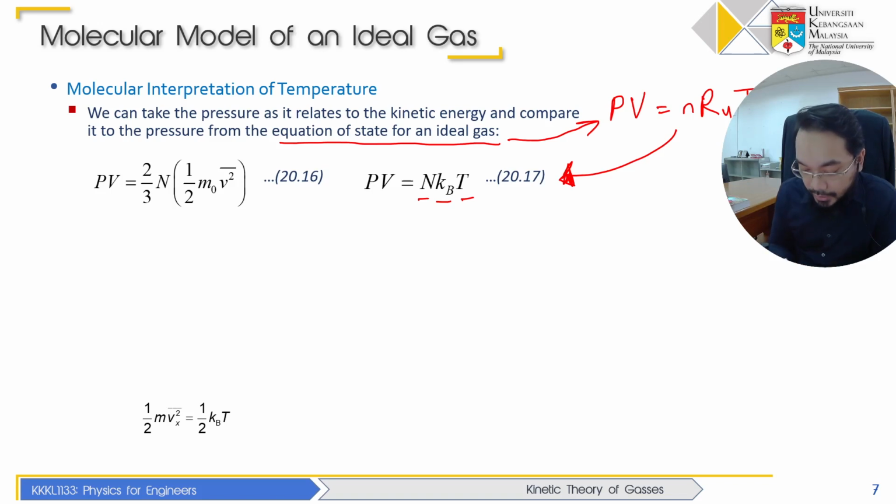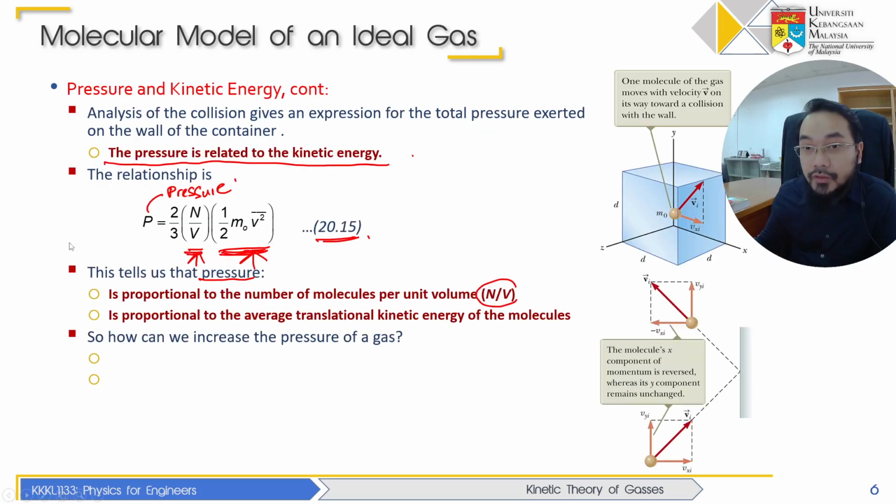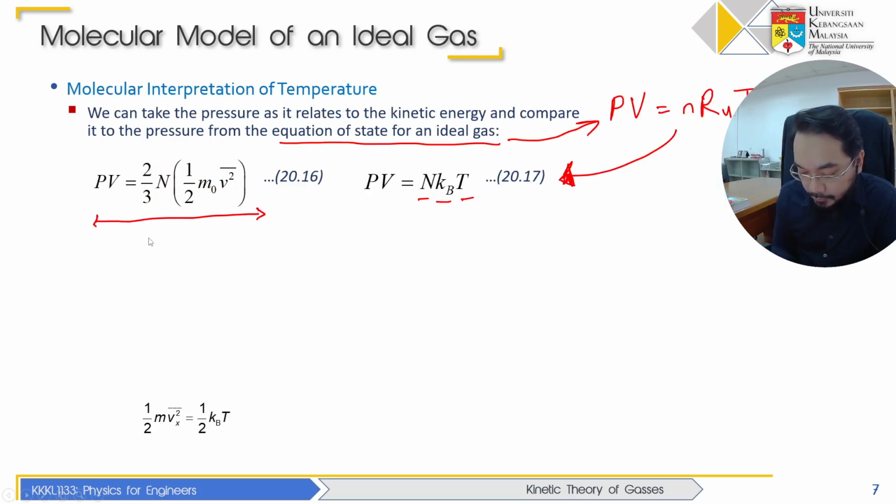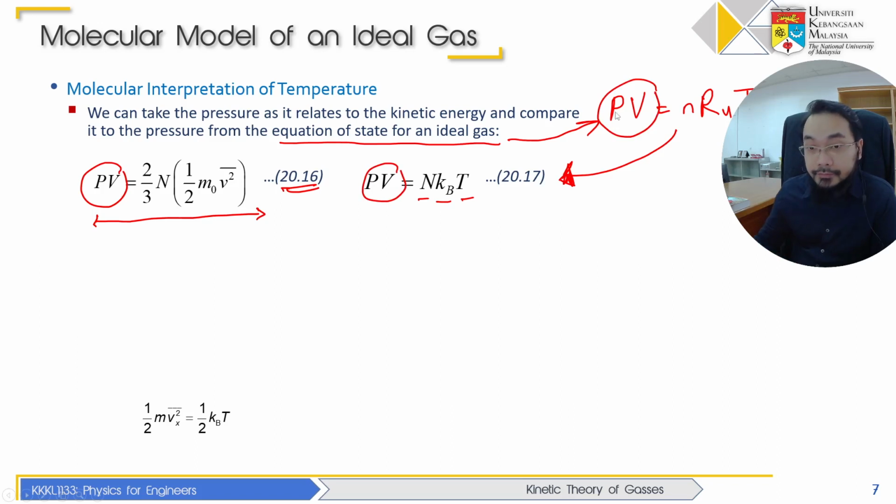All right, so we have these two equations. This one is from the previous one. When we move P to the other side, we get this equation, and this PV is the same as this PV and the same as this PV as well.